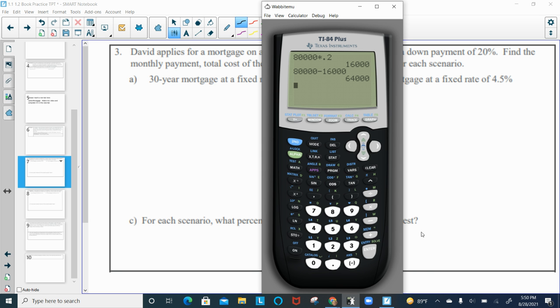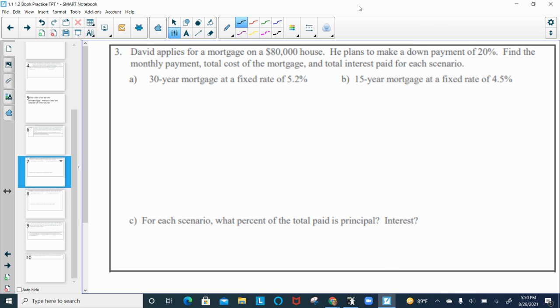That $64,000 is what he is going to borrow from either the bank or the credit union. They want us to find the monthly payment, the total cost of the mortgage, and the total interest paid for each scenario. So I'm going to stop this video and give you a couple of minutes, and then I'll come back and start a second video, because I want you to take a stab at this.